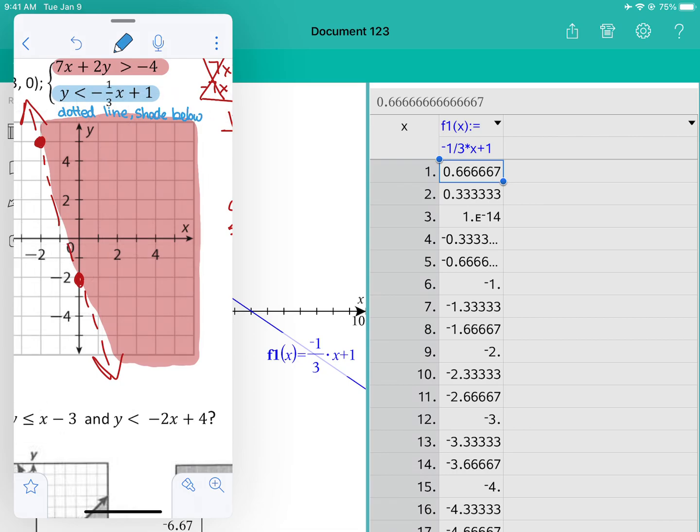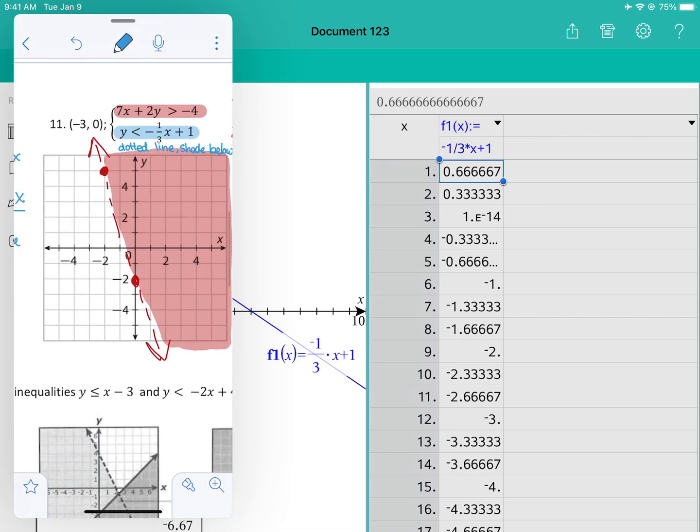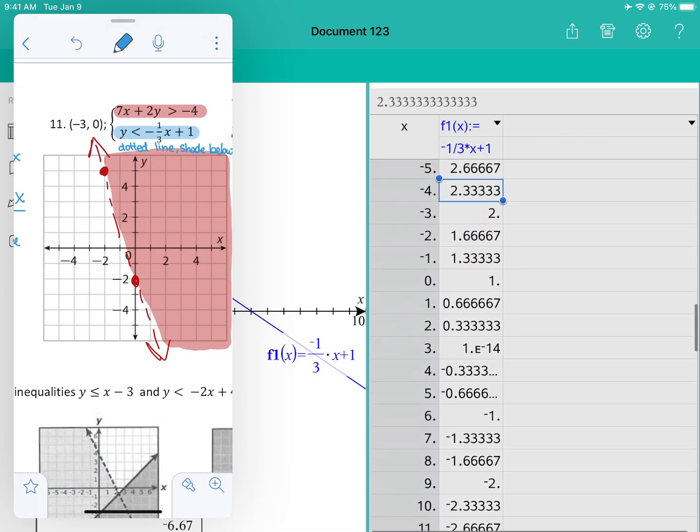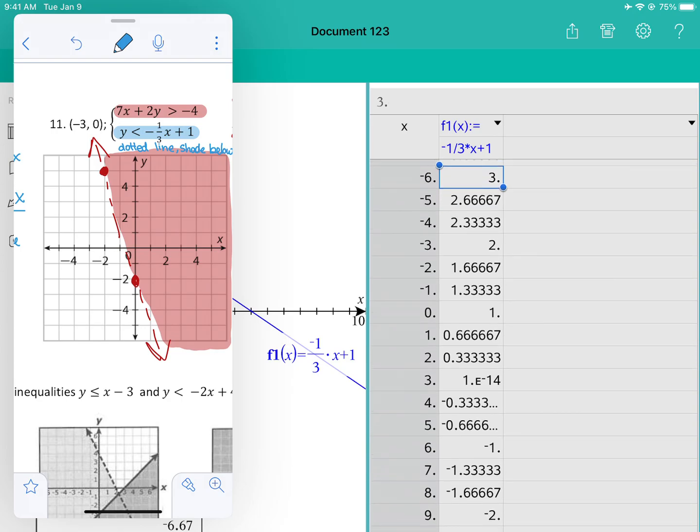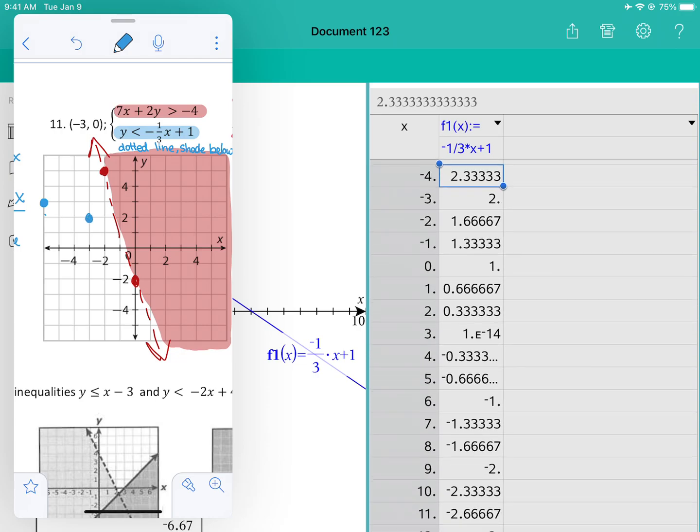Okay, I'm going to plot some of these points. So I'm going to start with -6, +3. -3, +2. 0, 1.